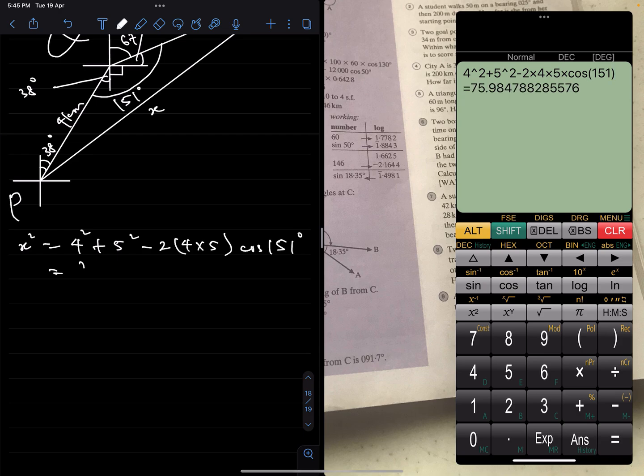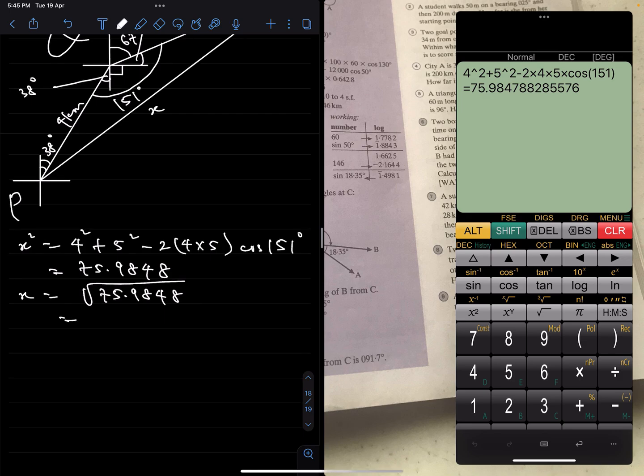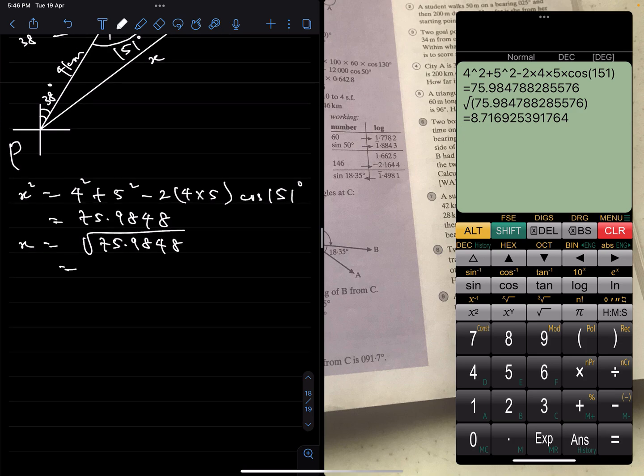Remember the cosine rule. That's how to apply it. Let's check that. That's equal to 75.9848. So x is therefore the square root of 75.9848.